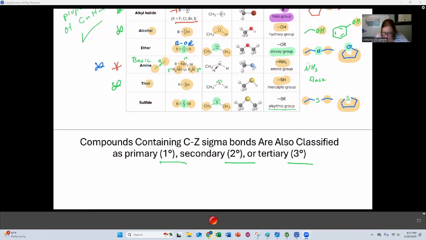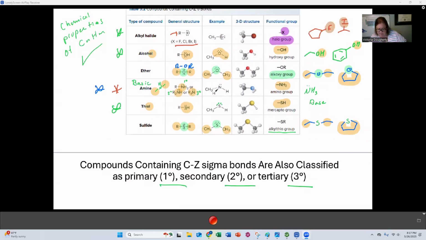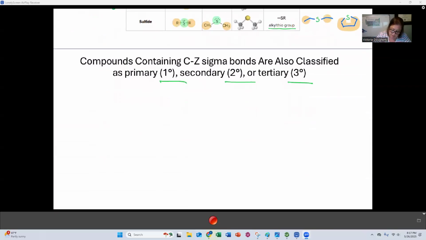So for alcohols, thiols, and alkyl halides, we do it the same way. If I'm just attached to a CH3 group, in this case this could be X, this could be OH, or this could be SH.